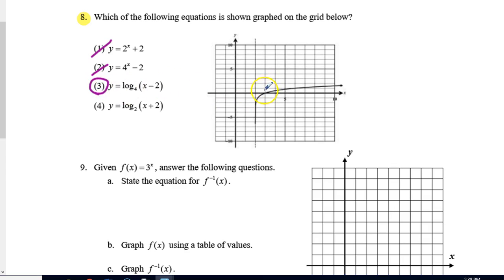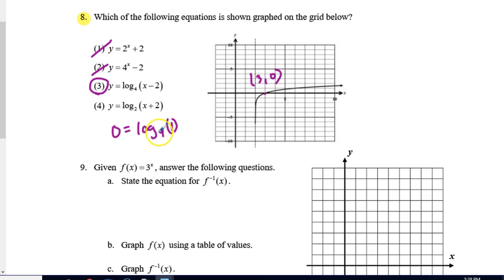I could take a particular point, like that right there. Looks like 3, 0, and I could substitute that in and see if it makes a true statement. So I'm going to sub in 3, 0. I get 0 equals log base 4, and when I sub in 3 for x, I get here a 1.